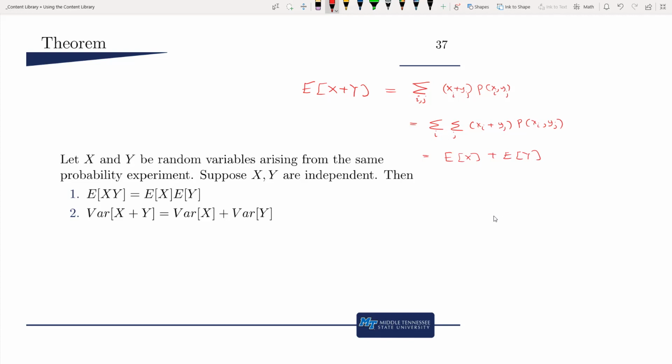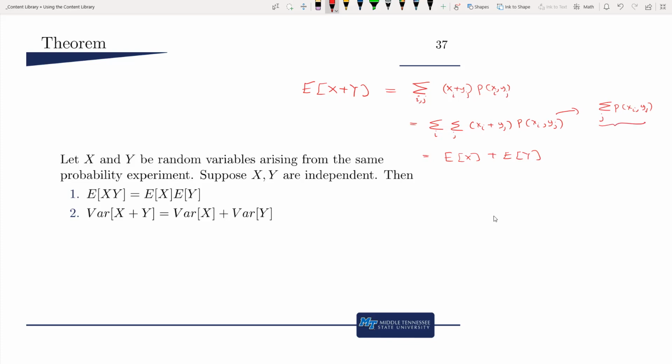Then you can prove the second one, E[XY] equals E[X] times E[Y]. By the way, when you are proving this one, just remember that if you sum across, let's say, j, then that's going to be the probability of x_i, because you are adding across all y_j.